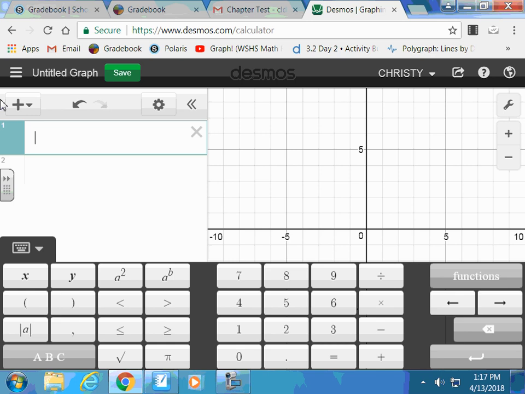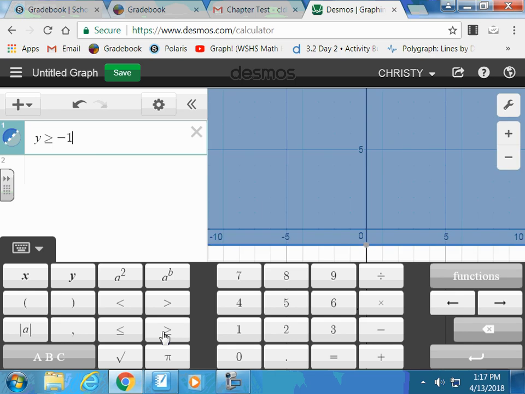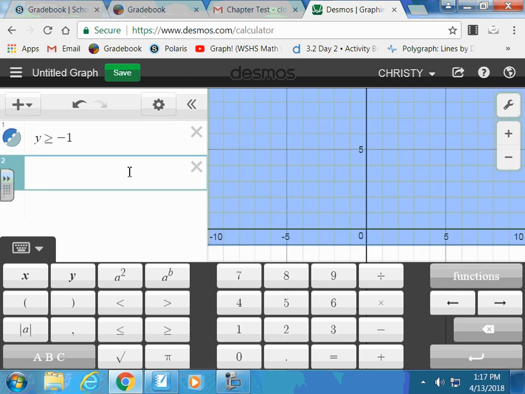Our first one is y is greater than or equal to -1. So you can see it's a horizontal line for -1. They've got that solid line and they're shading it above. Exactly as expected. Our next one is x is greater than -2.